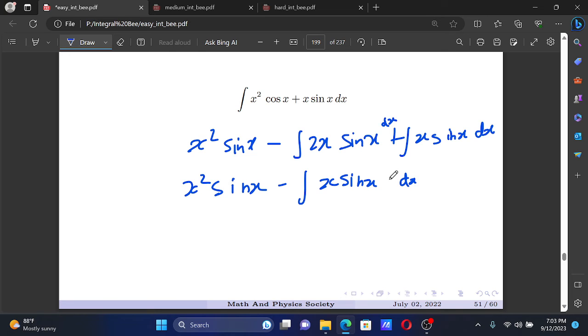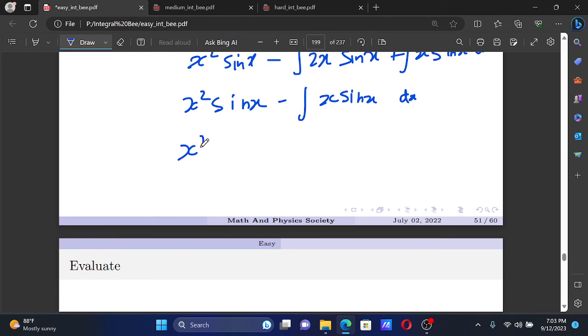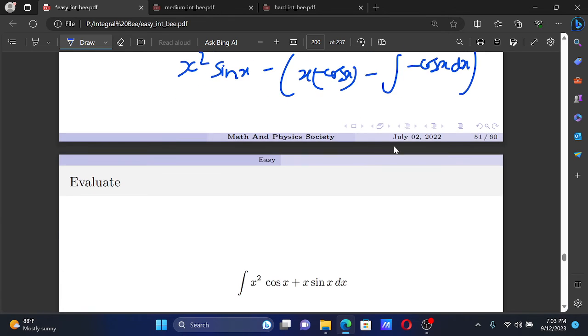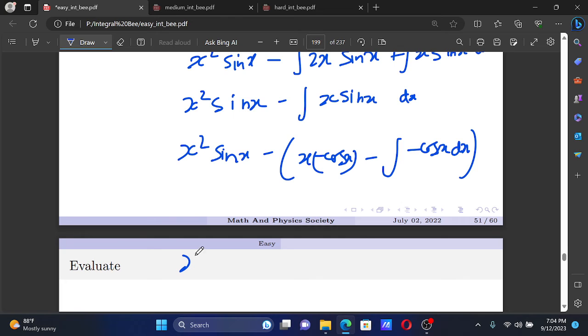Now we can again use the integration by parts, and that gives us x square sin x minus, this is x times minus cos x, and then minus integral of 1 times minus cos x dx. Yeah, and then we have x square sin x.